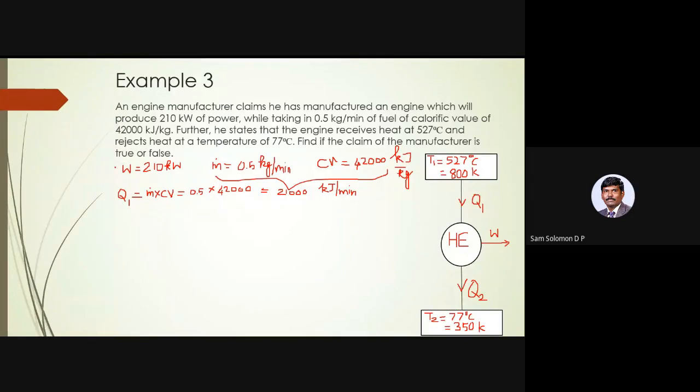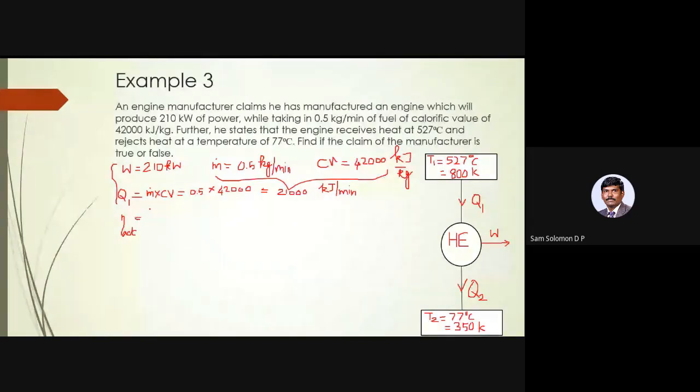If you use the values W and Q1 to find the efficiency, that will give you the efficiency of the actual cycle. So for the actual cycle, the formula will be W by Q1.